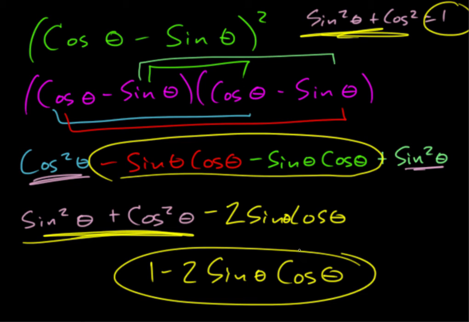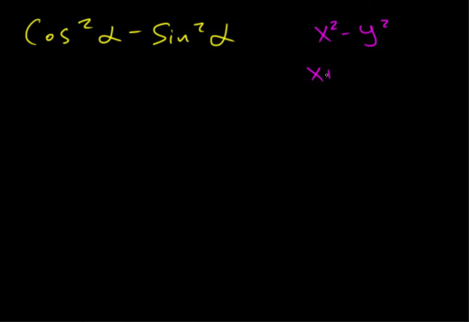Okay, keep going. Alright, we got cosine squared alpha minus sine squared alpha. What we're going to do here, let me just remind you, if we have x squared minus y squared and we're factoring it, we can do x plus y, x minus y.